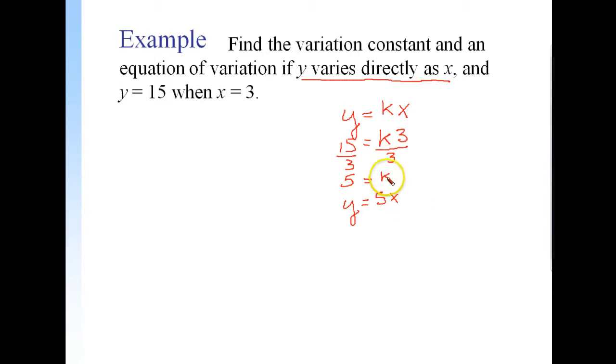So in a sense, you're solving for k, but the key to it all, I think, is writing this down when it says y varies directly as x. This is the formula you should star.